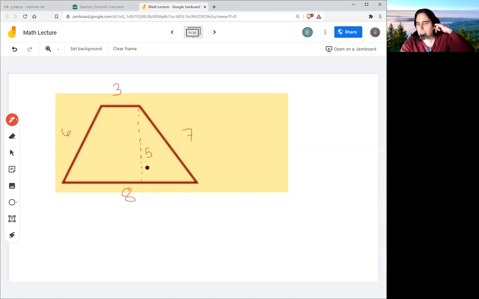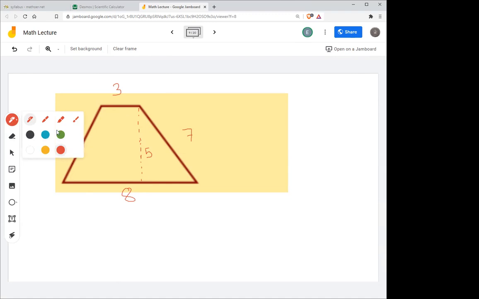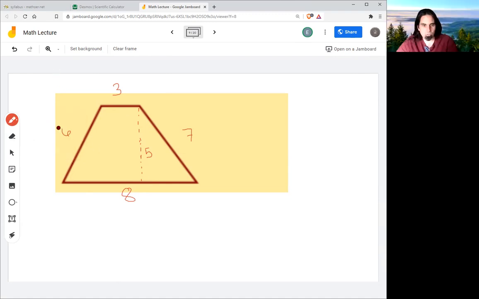I'm just making up numbers. So first of all, which 2 of these are distracting garbage that I should cross out? 6 and 7. Diagonal sides are always distracting garbage. The first thing you want to do is cross them out so you don't get distracted.